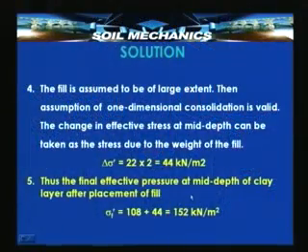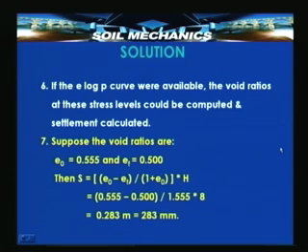Now, therefore, the final effective pressure at mid depth of the clay layer after the placement of the fill will be equal to the sum of sigma 0 dash and delta sigma dash, that is 108 plus 44, that is equal to 152 kilonewton per meter square. Now, corresponding to this, there are two ways of computing the settlement.